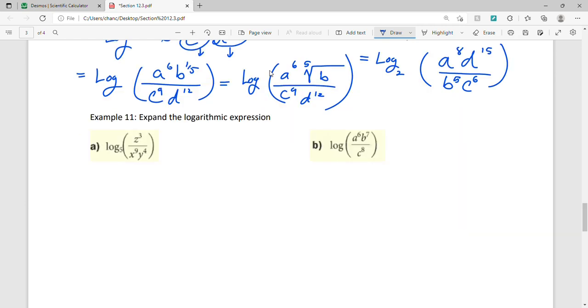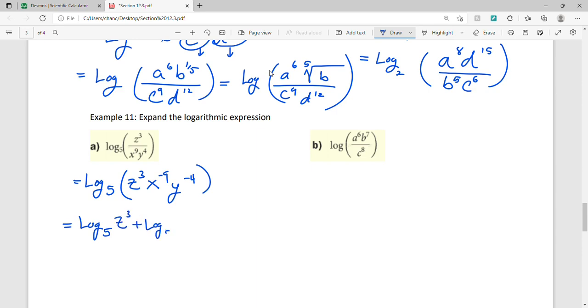In example A, I can do what we did earlier, and that is to work with negative exponents. I can rewrite this as log base 5 of z cubed x to the negative 9 and y to the negative 4. Then we could use the product rule and expand this out as log base 5 of z cubed plus log base 5 of x to the negative 9 plus log base 5 of y to the negative 4.